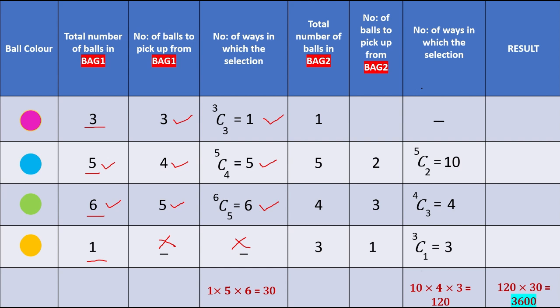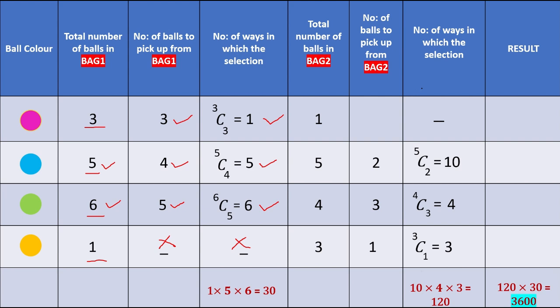The number of ways in which these selections can be made from bag 1 is 1 into 5 into 6, that is 30 ways. Let me explain it to you clearly.